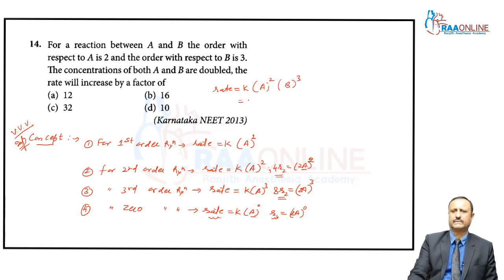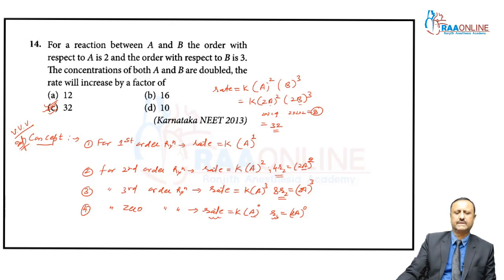When A and B are both doubled, 2 into 2 into 2, you get 8 times for B, and 4 times for A. Multiplying 4 and 8, you get 32 times. So my dear students, question number 14 answer is C.